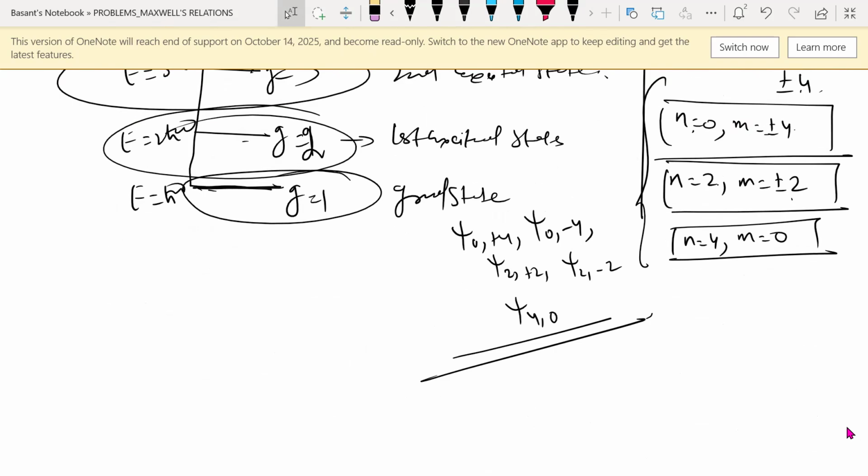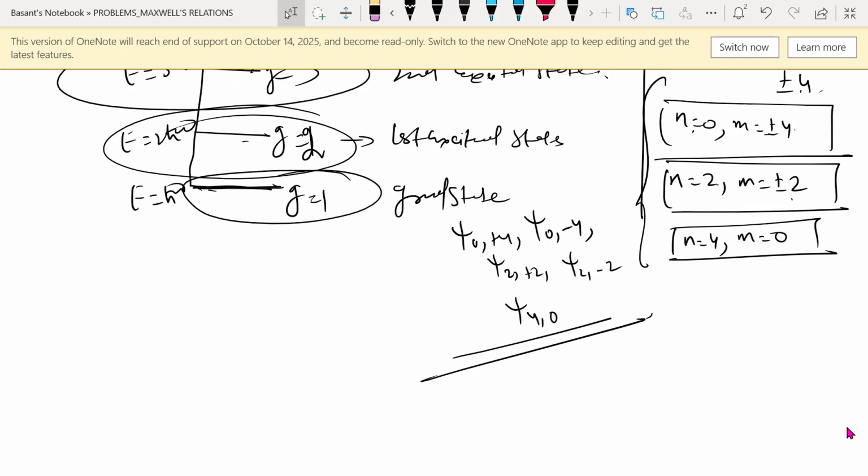So, we have seen here that the degeneracy of each level increased by 1, and energy also increased by 1 with the constant ħω. And states have different combinations of quantum numbers.